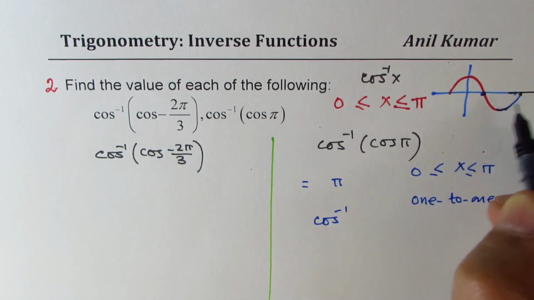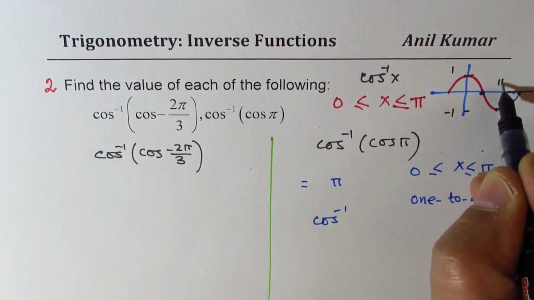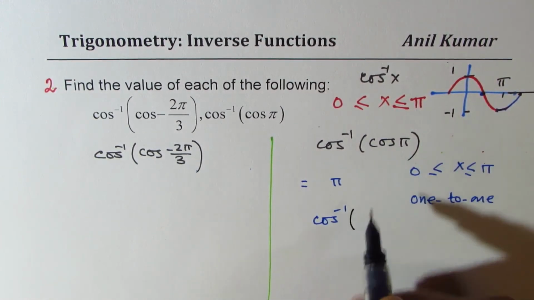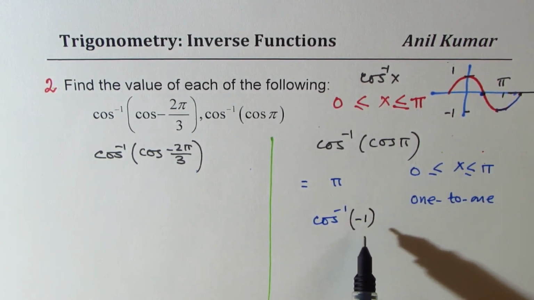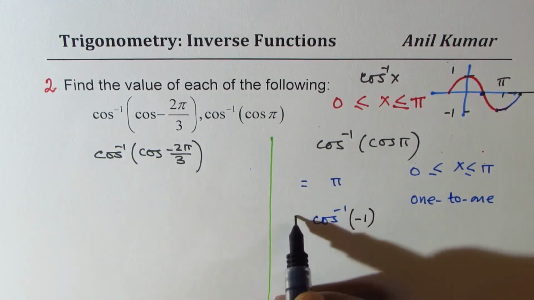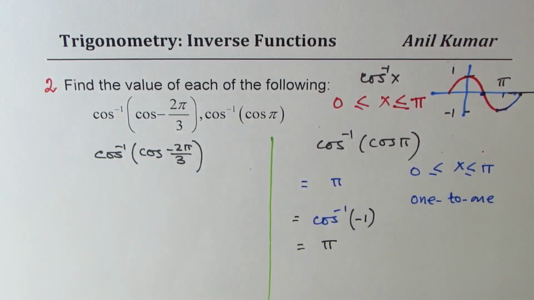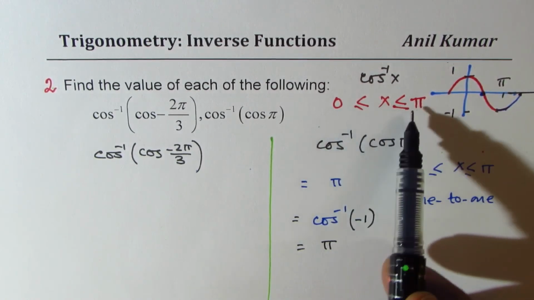So cos is 1 and it's minus 1 for pi, correct? So we could say that cos pi is minus 1. And cos inverse of minus 1 will be equal to pi, correct? So we do get the same answer, since we are working in the domain 0 to pi.